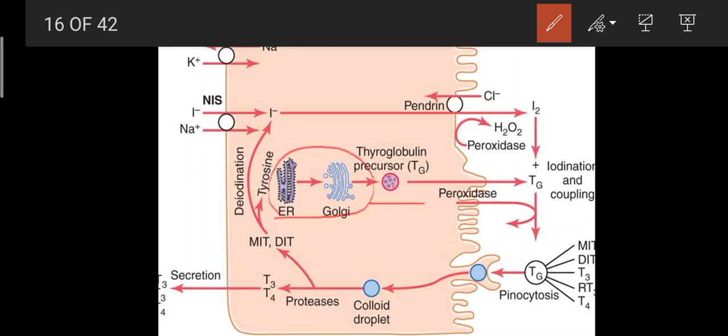It is synthesized by the endoplasmic reticulum, the protein synthesizing machinery present in each cell. Like all other proteins, it is synthesized by transcription and translation processes, and this thyroglobulin is then released by exocytosis into the colloid.